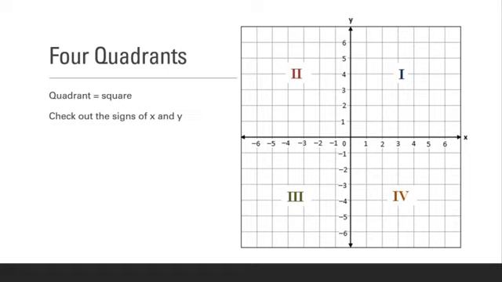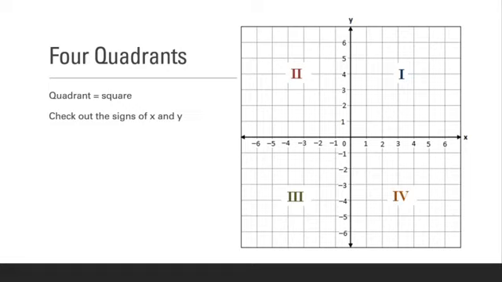Now on this slide, I want to talk about quadrants. How many of us have heard of quadrants? Go ahead and give me a thumbs up or say yes in the comments if you have heard of quadrants.